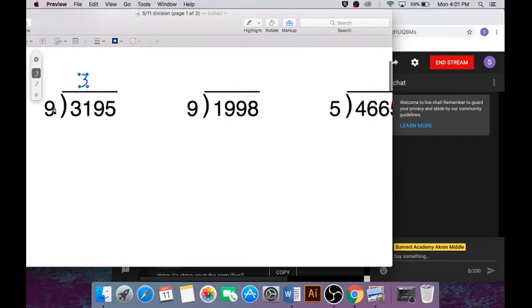And 3 times 9 is 27. So then we subtract 27 from 31. And 31 minus 27 is 4.